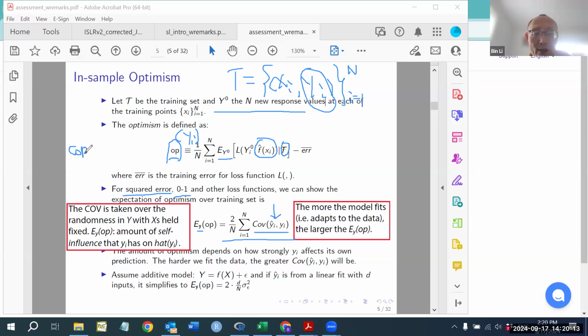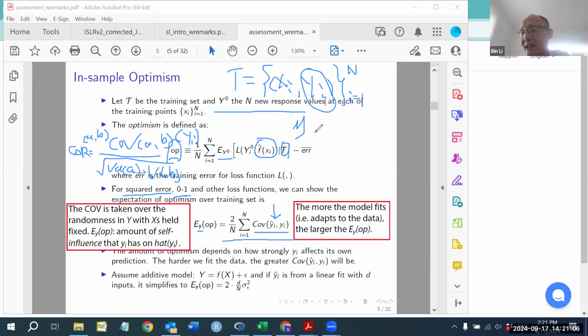Let's say we have the covariance between A and B. The correlation between A and B equals the covariance between A and B divided by the square root of the variance of A times the variance of B. That's the formula we use to calculate the correlation, and it also shows the relationship between the correlation and covariance.